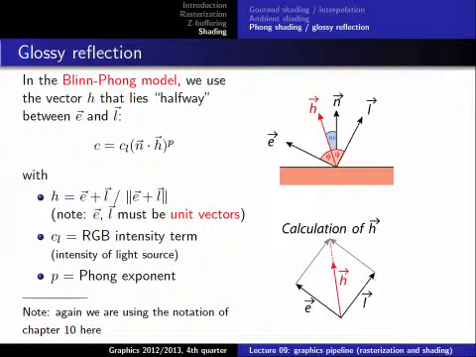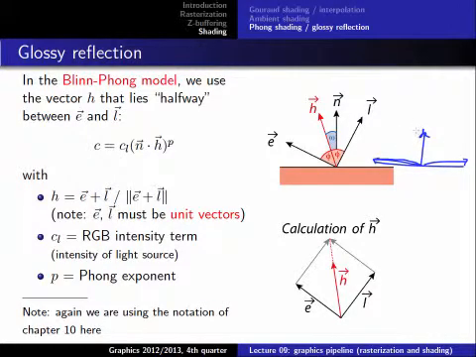And then of course we see that we basically have the same situation here as before, that we get a maximum if this halfway vector is in line now with the normal vector, not with the I vector of course, but with the normal vector. But we also see that no matter how we place the light and the eye source here, the furthest we can go away with the eye is very close to the surface here, and the furthest we can go away with the light is very close to the surface here.